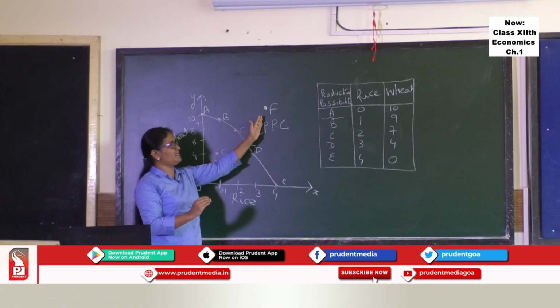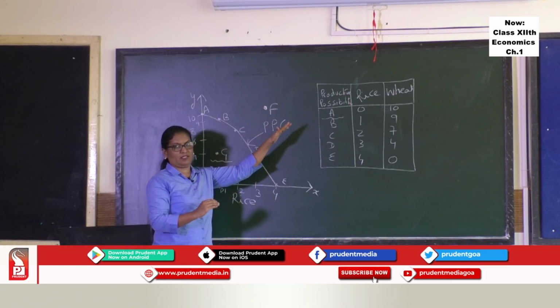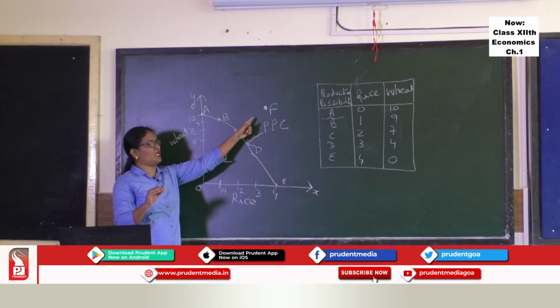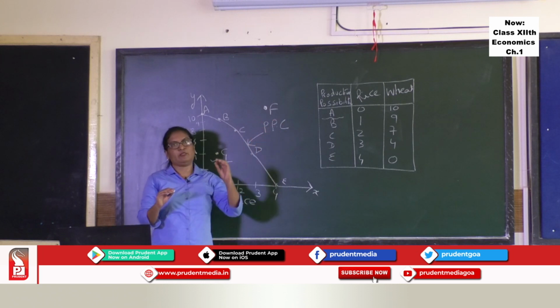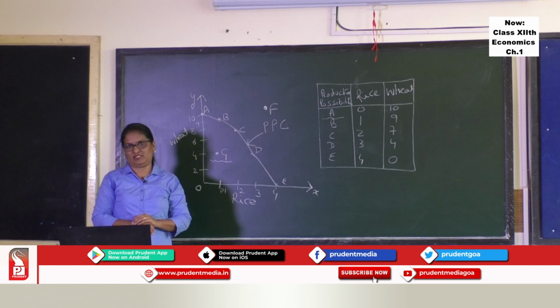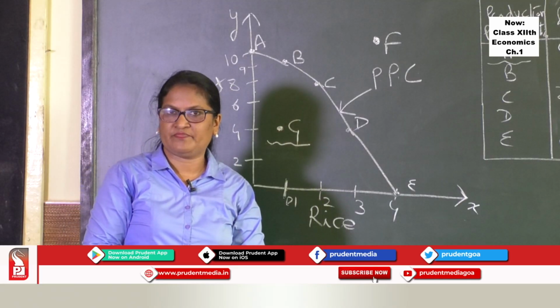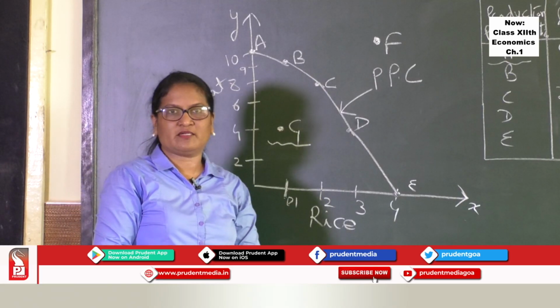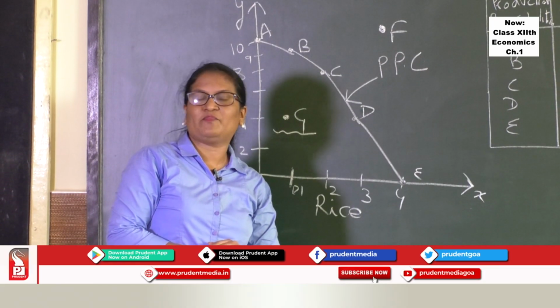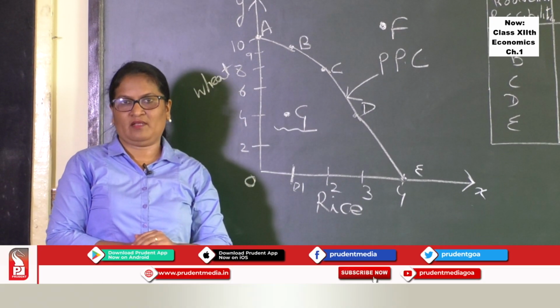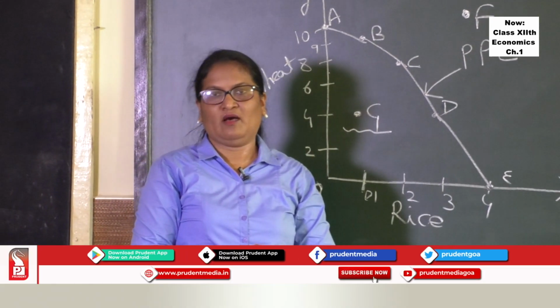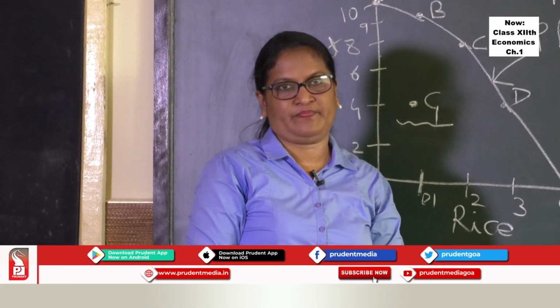And any possibility outside, the producer cannot reach that particular combination due to lack of resources. So students, this is your important subtopic, production possibility frontier or transformation curve or transformation line.